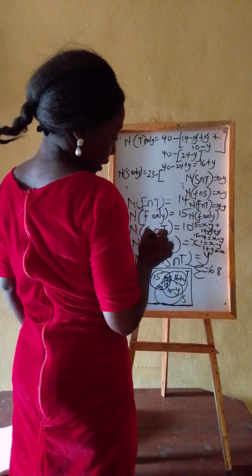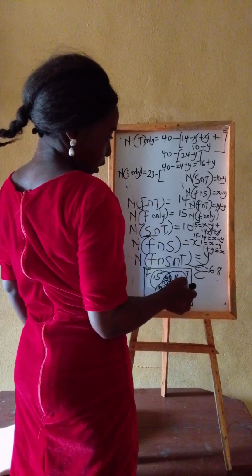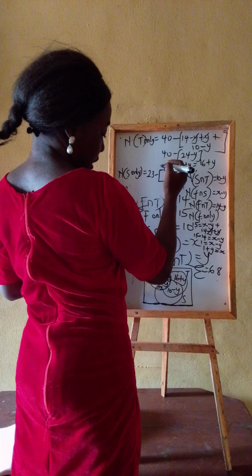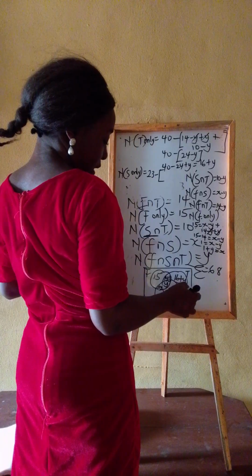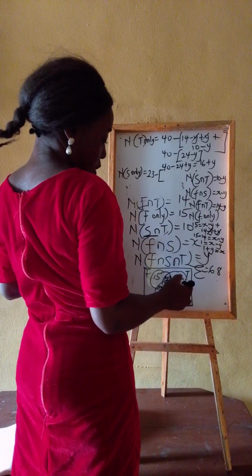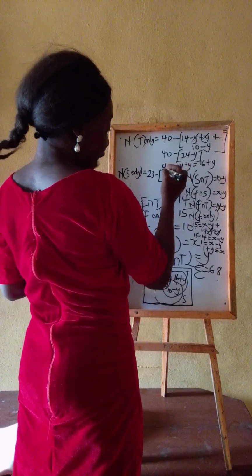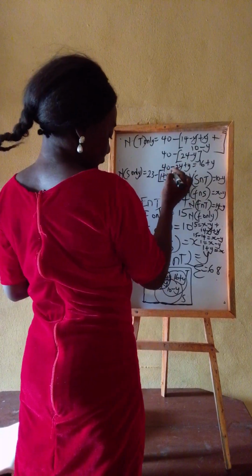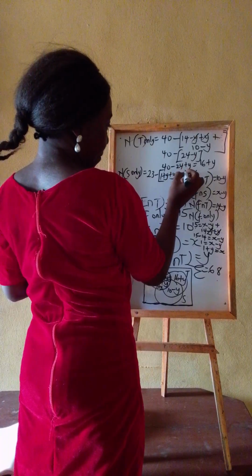For S, this is S. If you have to check where S is, this is 10 minus Y. Can you see? 10 minus Y, and 1 plus Y. So we have 1 plus Y plus 10 minus Y.